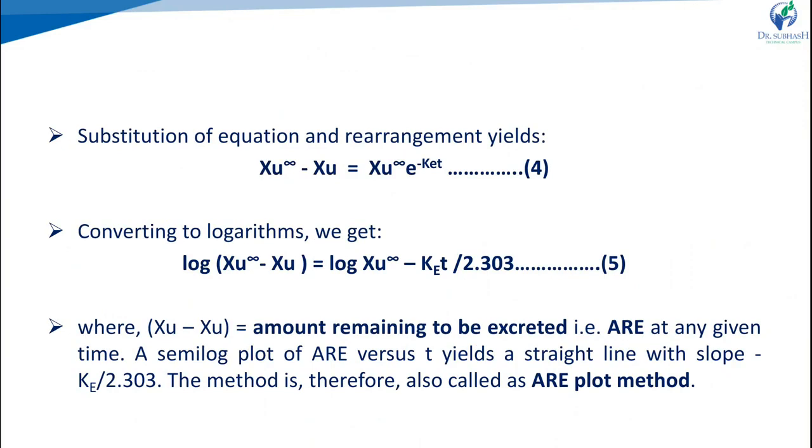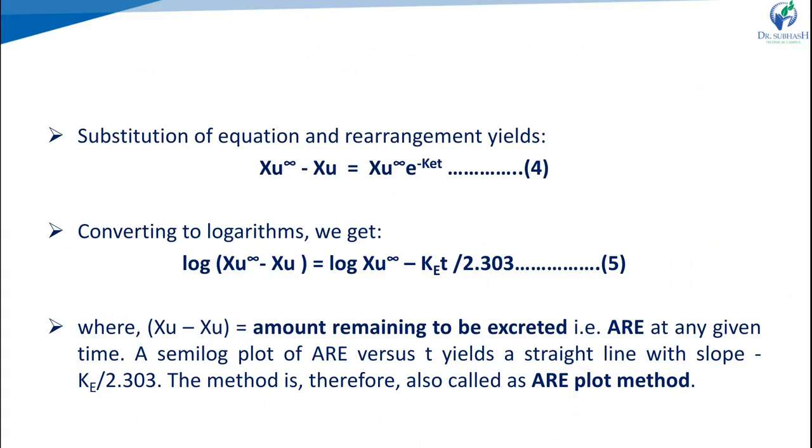Now we have to go for substitution and rearrangement of that equation. So Xu infinity - Xu = Xu infinity e^(-Ket). Converting into the log form, log (Xu infinity - Xu) = log Xu infinity - Ket/2.303. Xu infinity - Xu represents the amount of drug remaining to be excreted, the ARE, at any given time.